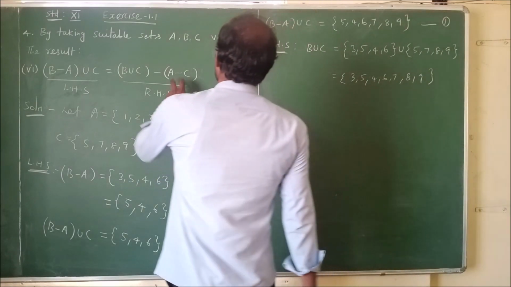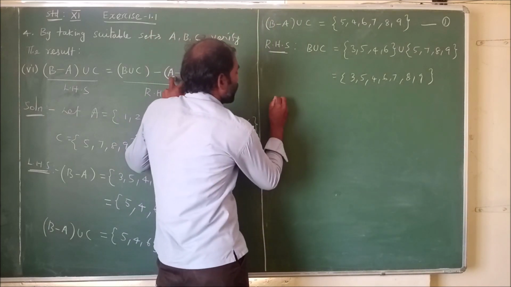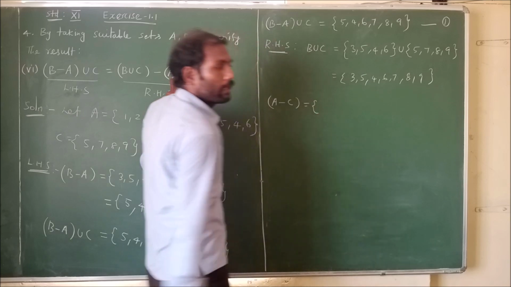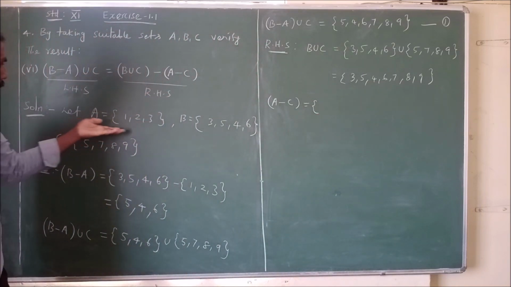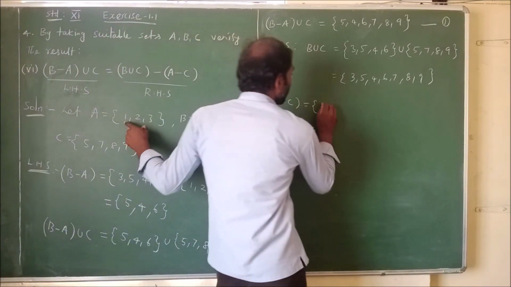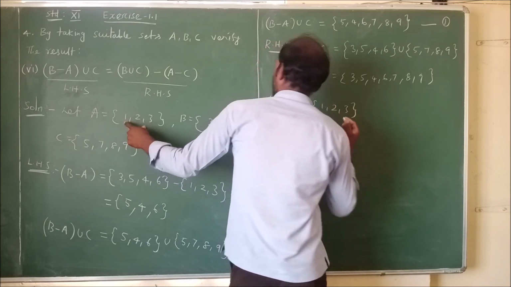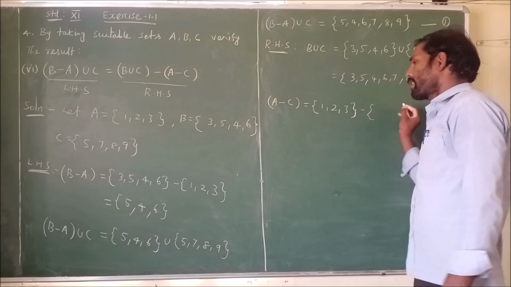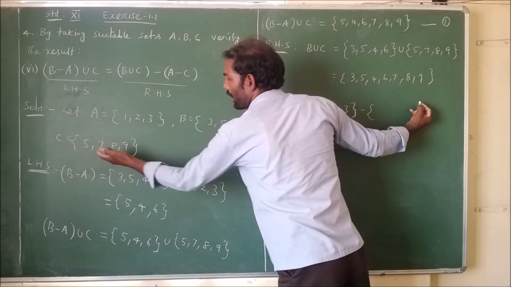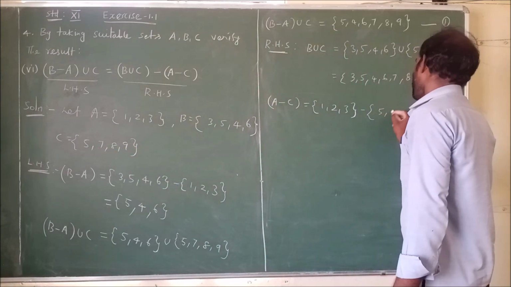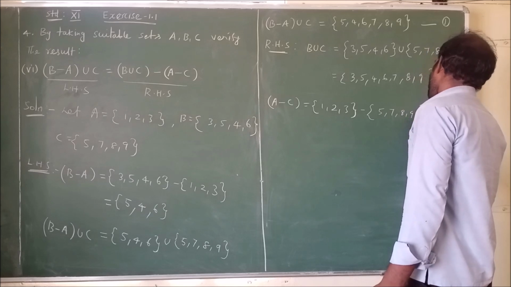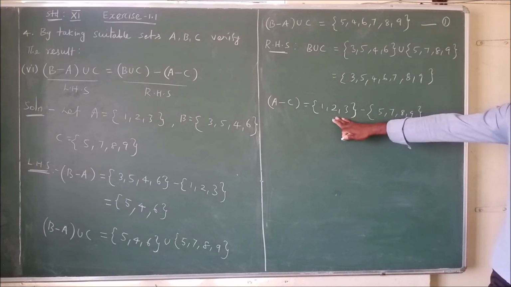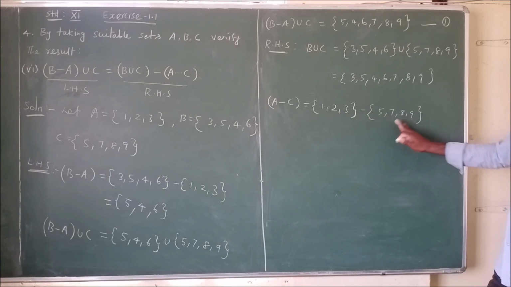After that we have to find A minus C. A minus C equals the set of elements of A, {1, 2, 3}, minus the set of elements of C, {5, 7, 8, 9}.